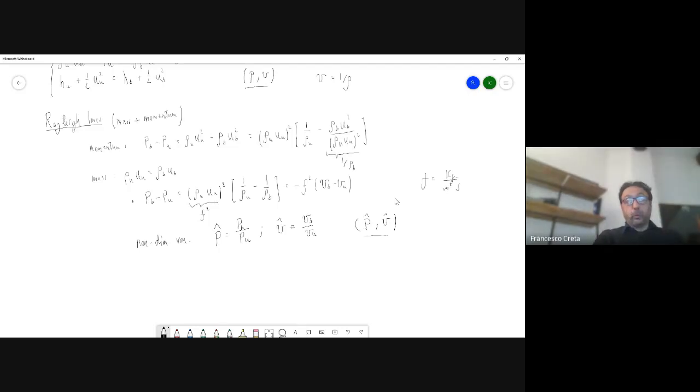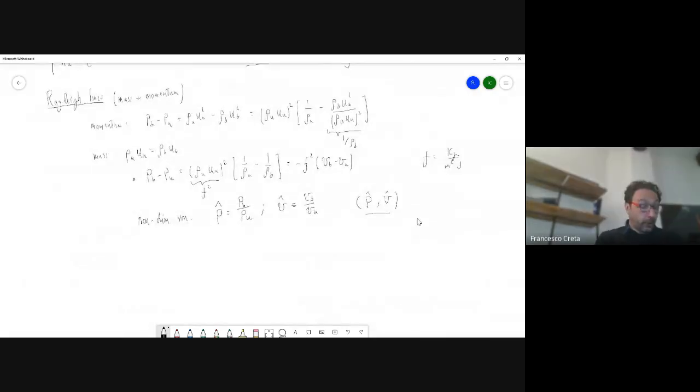Let's see what we can do. Well, of course, I can factor out, for example, PU, so I'm going to have P hat minus 1 here. Then I have this F squared, which is rho U squared. Then I can factor out VU, and then I have V hat minus 1.